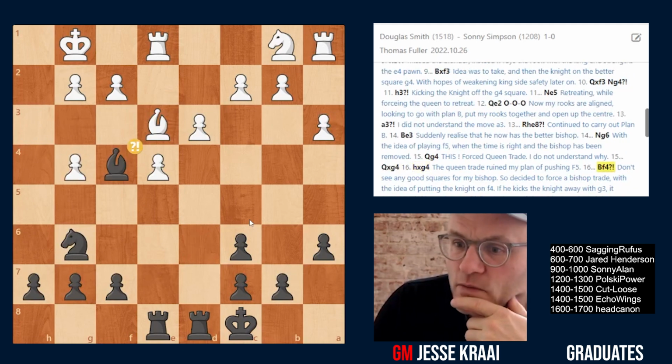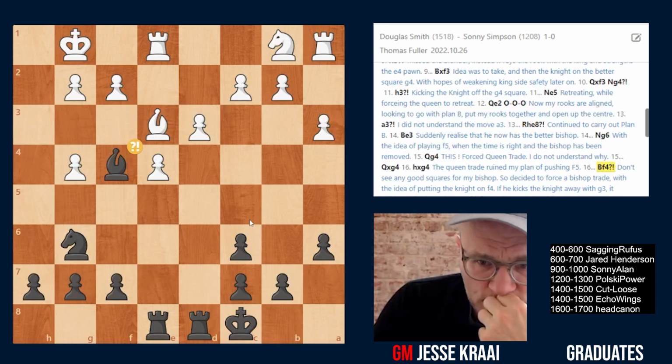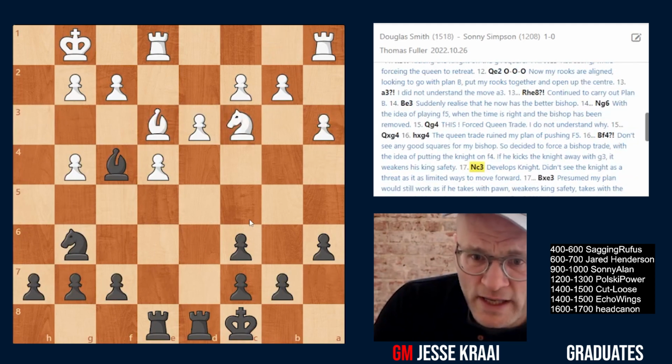Kind of funky, right? Now, by the way, it's not easy. Not easy to know exactly what you're supposed to do here. Knight e5 comes to mind. Bishop e5 comes to mind. Okay. Let's think for a moment.